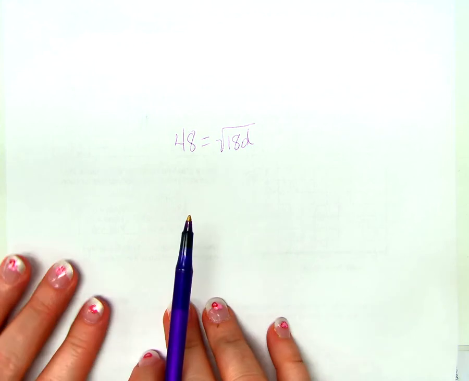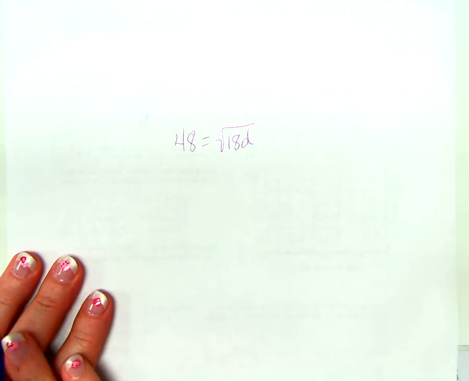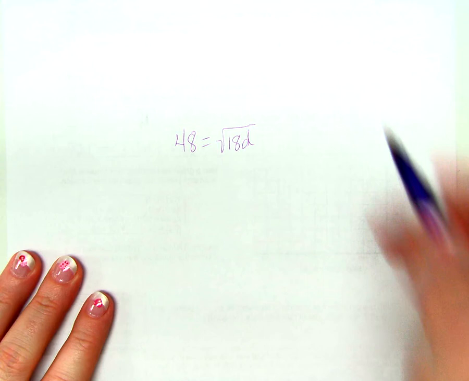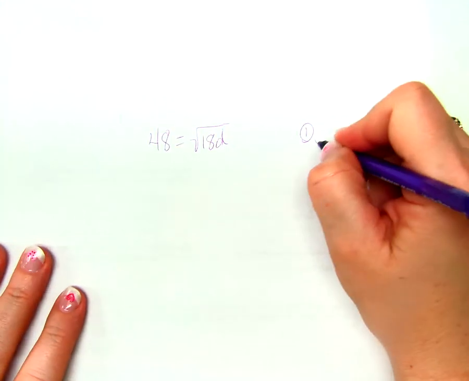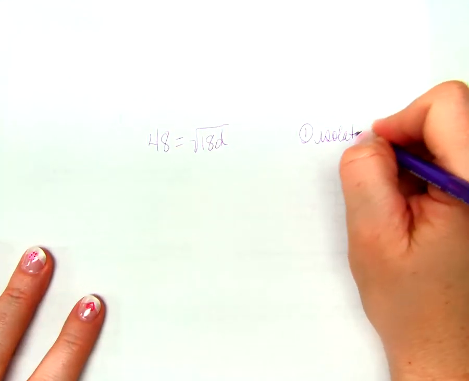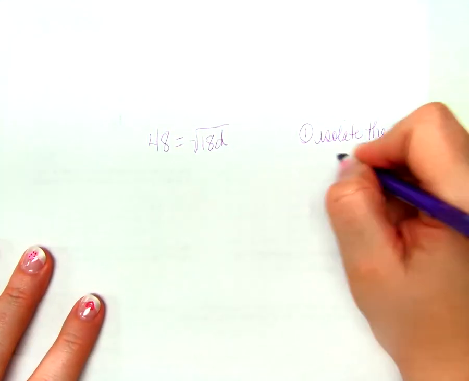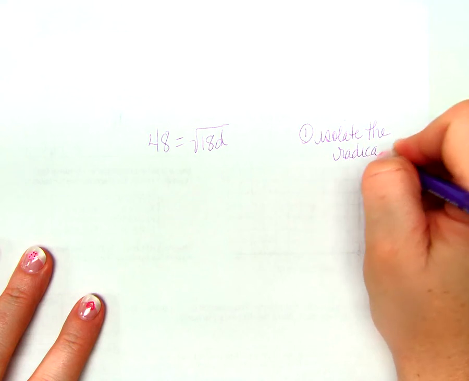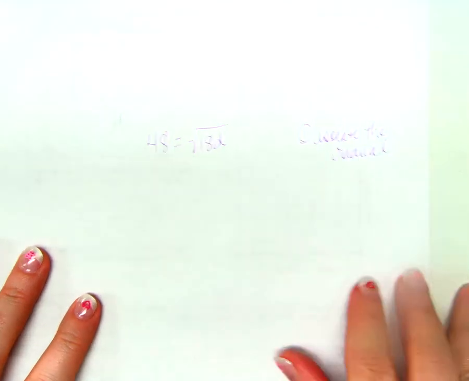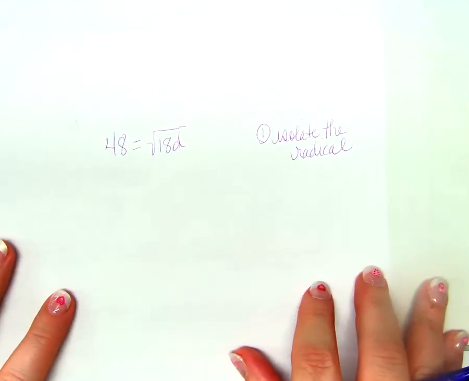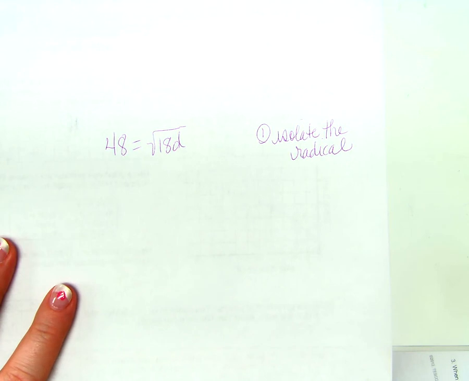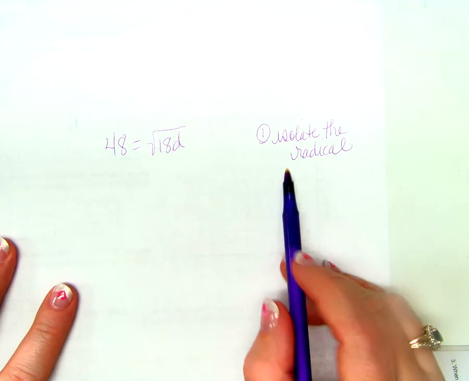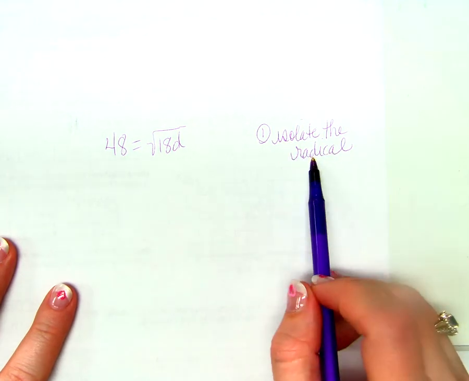Okay? There's 4 steps that you need to know how to do. The very first step is isolate the radical. So I'm saying, is the radical by itself?